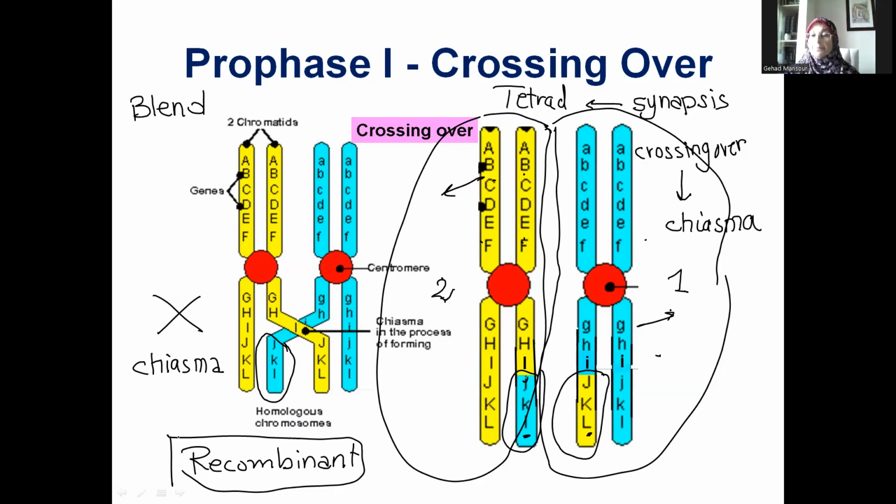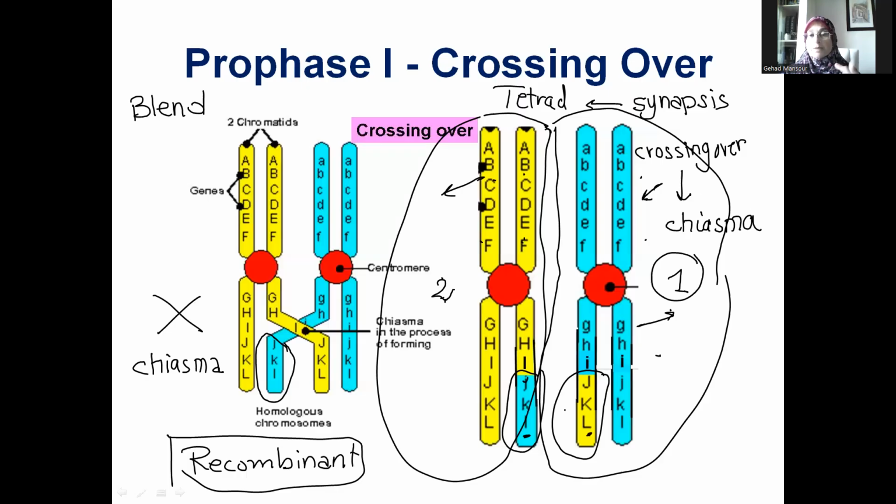If you are made of the gamete that contains the blue chromosome, gamete number 1, then for the characteristics only on that chromosome, you will be more like your mom. For example, if that chromosome carries eye shape, eye color and length of the eyelashes, then the shape of your eyes, the color of your eyes, and your eyelashes would be more like your mom.